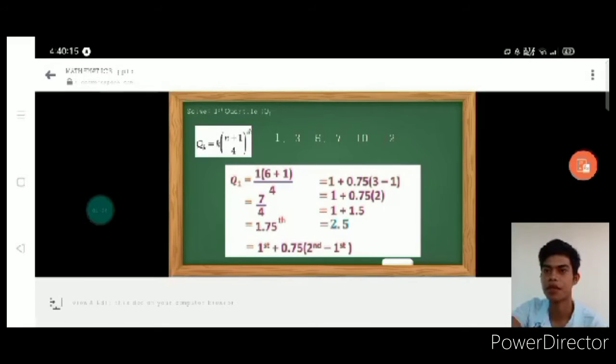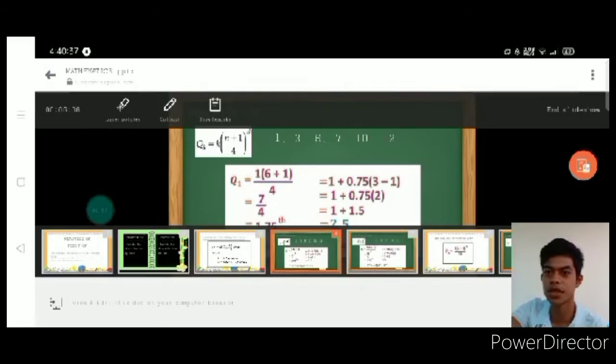So 6 plus 1 equals 7. Then 1 times 7 equals 7, over 4. So 7 divided by 4 equals 1.75. So this is the number of quartile.